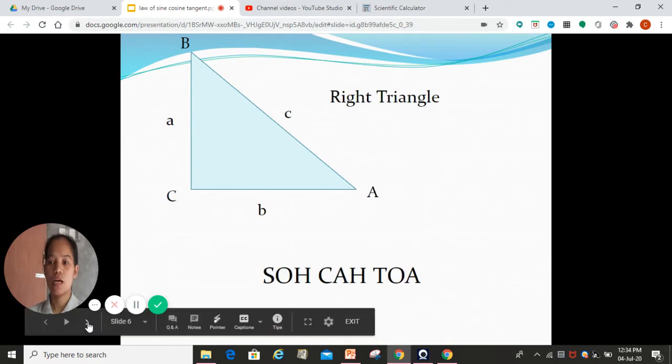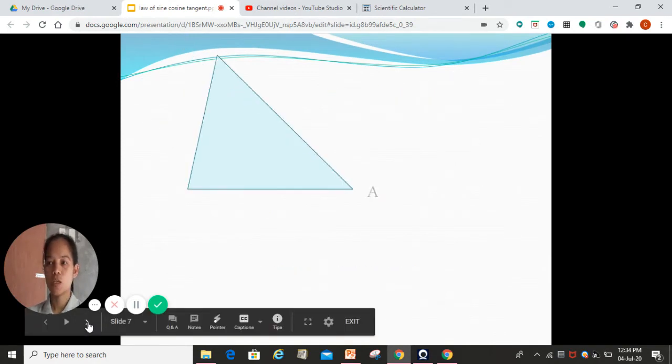Now, what if your triangle is not a right triangle? Let's say you have an oblique triangle.